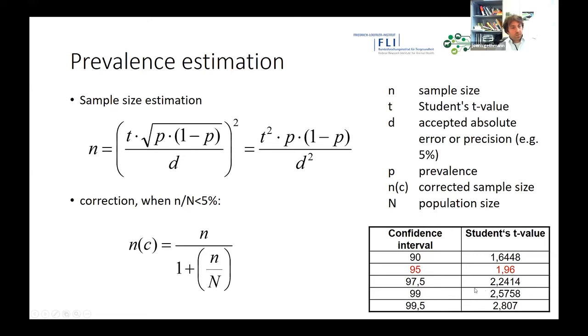On the right low in this table, I show you the student's t-value. So here you have to put in the student's t-value, and it is 1.96 for the 95% confidence interval.